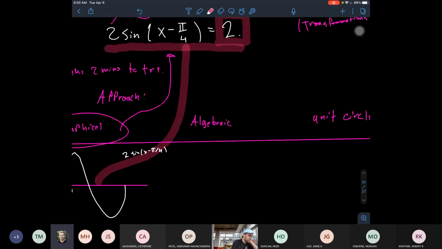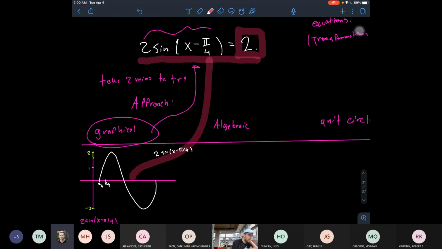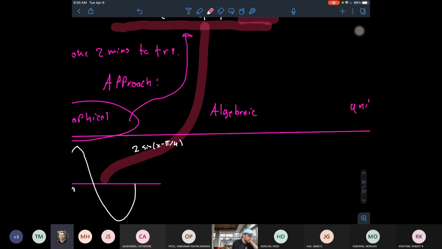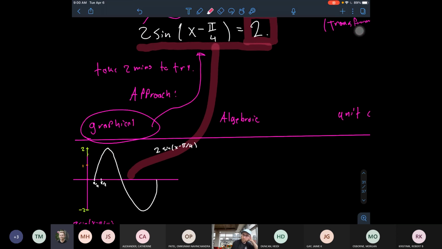What is the graphical interpretation of this equality? Which x value is going to cause this to be true? Or how do we think about this equality in terms of the graph?